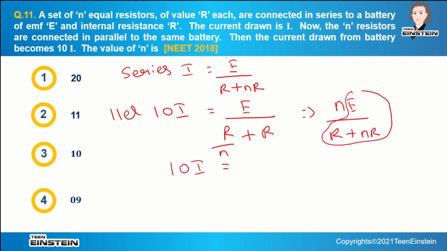This is your I value, so 10I is equal to nI, so n will become 10. So the correct option is option 3, 10. So the n value is 10.